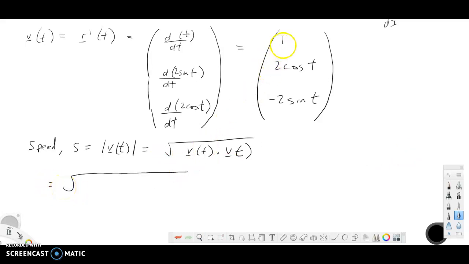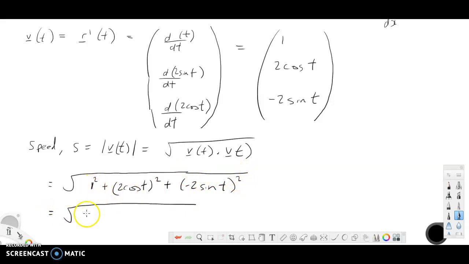We'll be taking the first component there and squaring it. Then we'll be adding in the square of the second component and the square of the third component. And that comes out, when 1 squared is 1. Square this guy and you get plus 2 squared cos squared t.